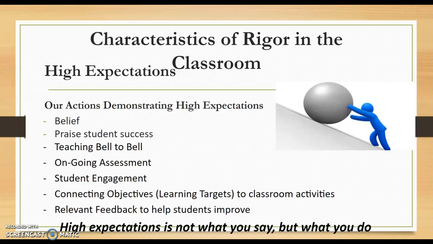And then making sure that we're giving relevant feedback to the students to improve. And again, it's not about what you say, but rather it is about what you do during the lesson and during the whole course to show that you have high expectations for students and holding them accountable for the work that you're expecting them to do.